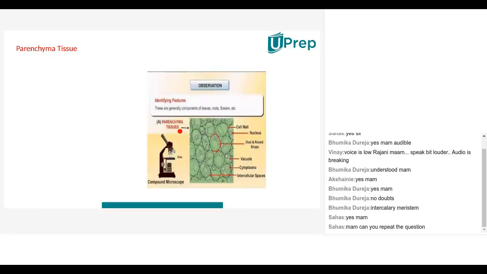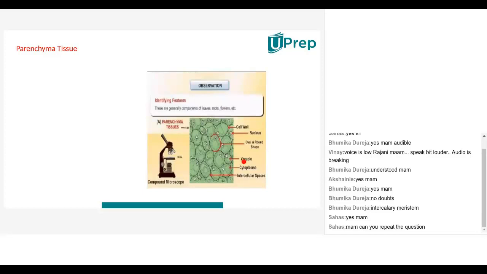If you can remember the presence of vacuole while discussing the meristematic tissue, I explained the point of absence of vacuole in meristematic tissue. The vacuole will be big in parenchyma tissue here, but these vacuoles are absent in meristematic tissue.